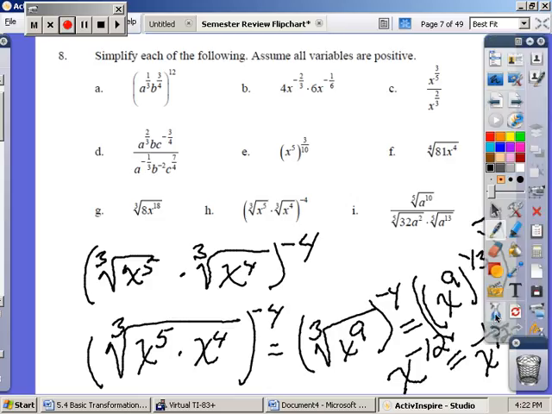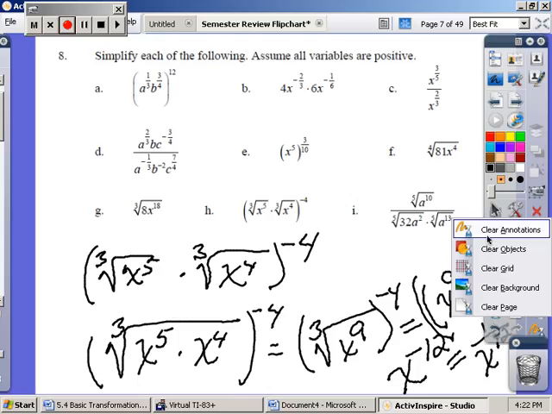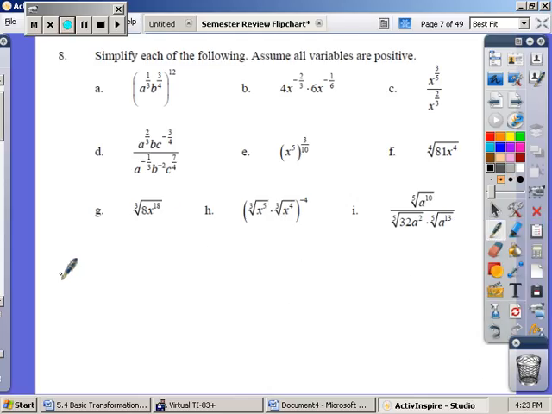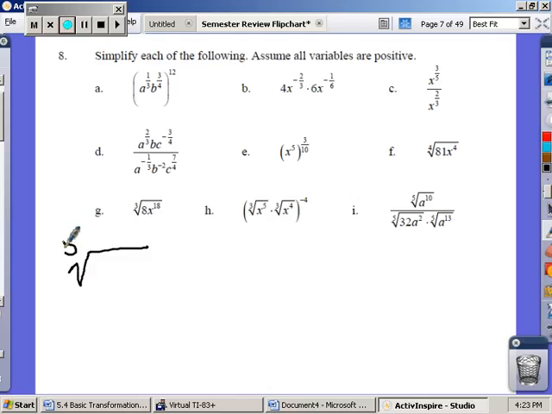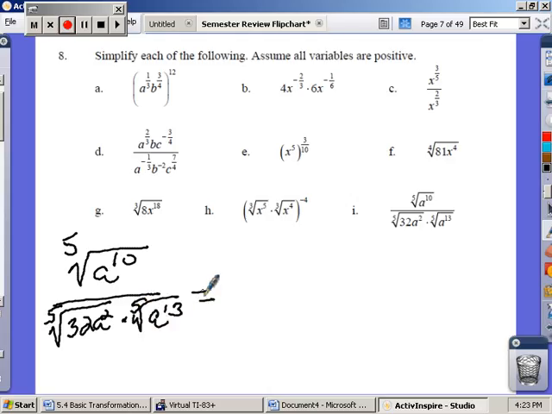Letter I. The 5th root of a to the 10th over the 5th root of 32a squared times the 5th root of a to the 13th.